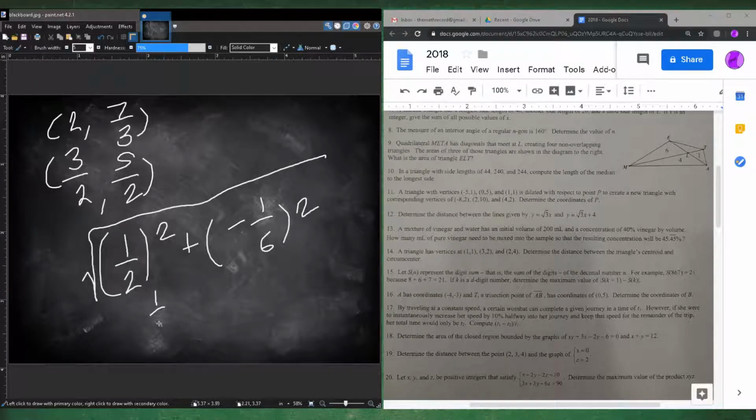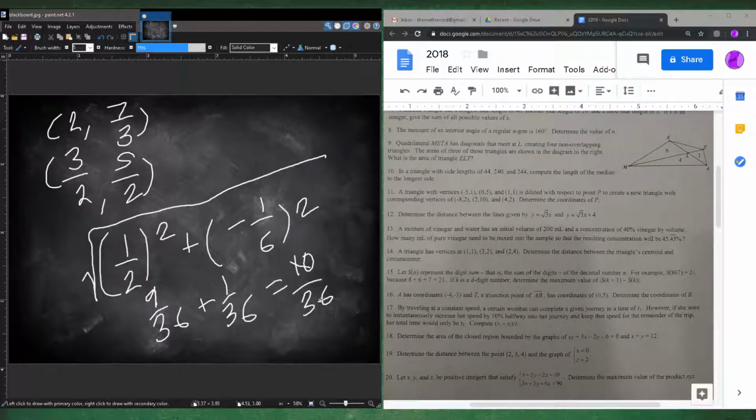So this is 1/4. This is 1 over 36. Let's get common denominators. 1 over 4 is the same thing as 9 over 36. So this is 9 over 36 plus 1 over 36, which equals 10 over 36.